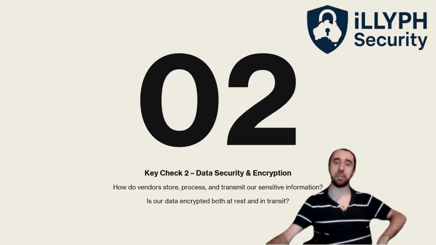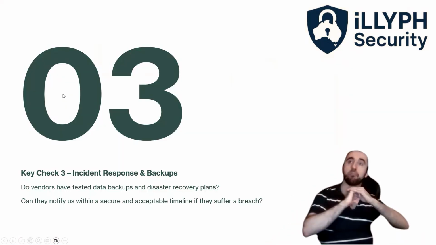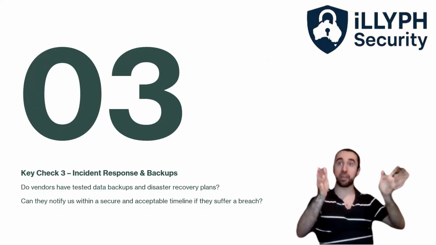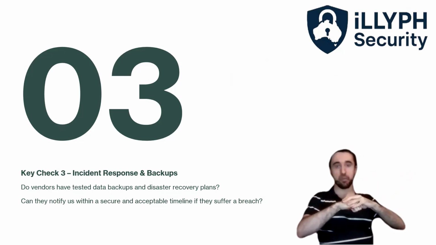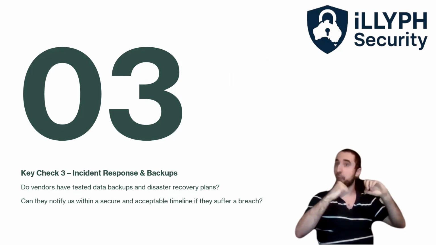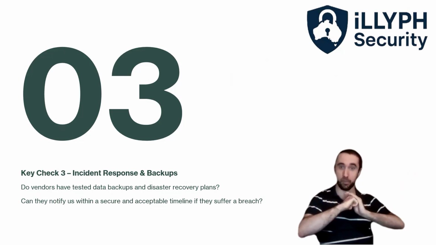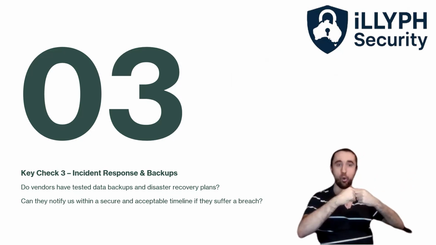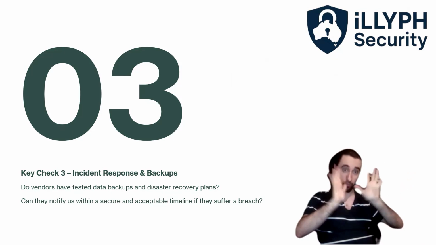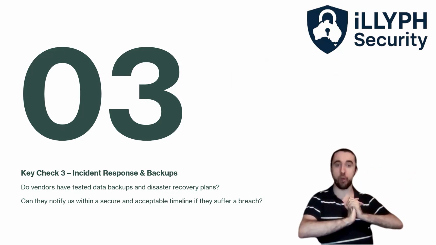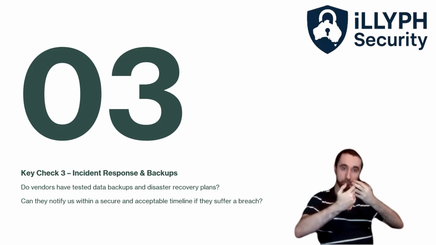And the third key check is incident response and backups. We are going to look at resilience. So if a vendor is hit by ransomware, for example, suffers a data breach, or loses access to critical systems, we need to know that they can recover quickly.